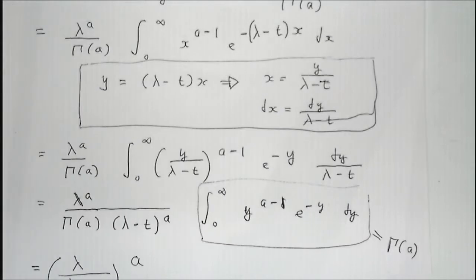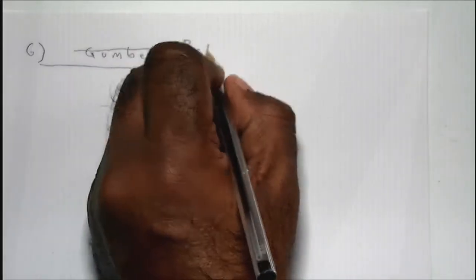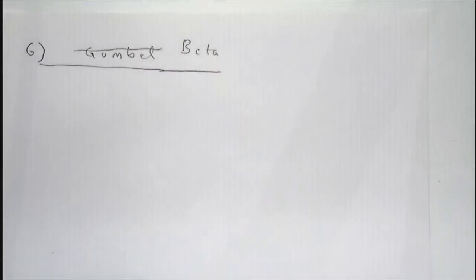So the next one, so this is number 5, number 6. Number 6 is the Gumbel distribution. Oh, sorry, not Gumbel. Beta, I missed one. It's the beta distribution. I'm sorry, guys. It's the beta distribution.